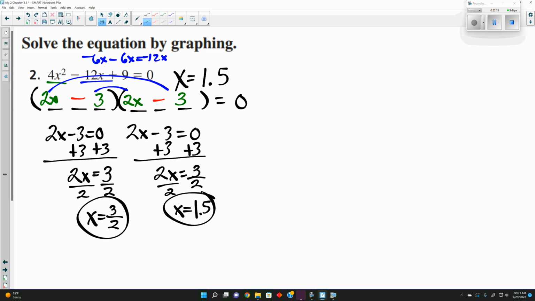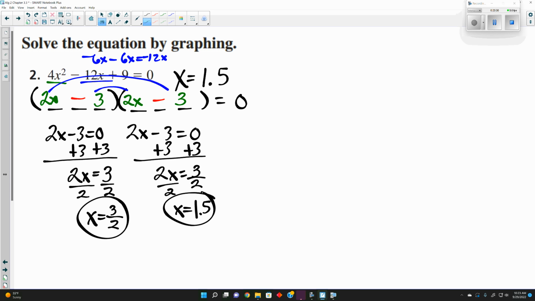So for some, graphing works well, but for others it doesn't. So for this one here, it's going to be a little bit more helpful for us to go by factoring.